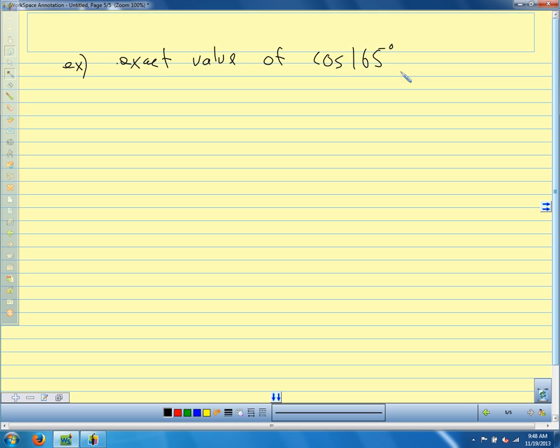What this is asking us to do is see if we can figure out how 165 degrees, the exact value is a hint that this has to do with the unit circle, how 165 degrees is related to an angle that we could find on the unit circle.